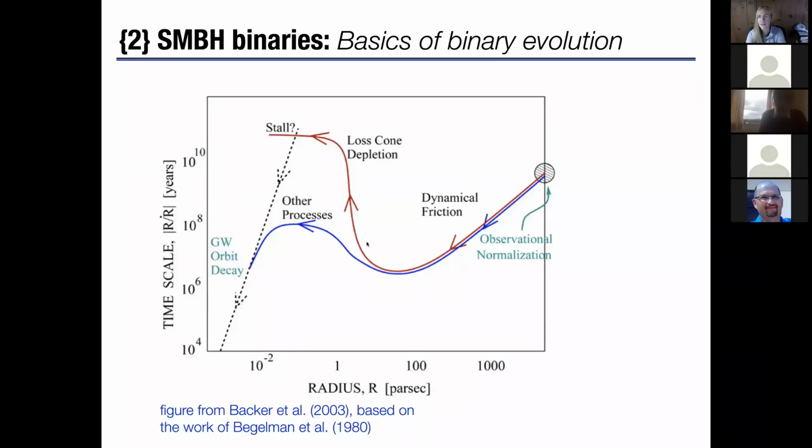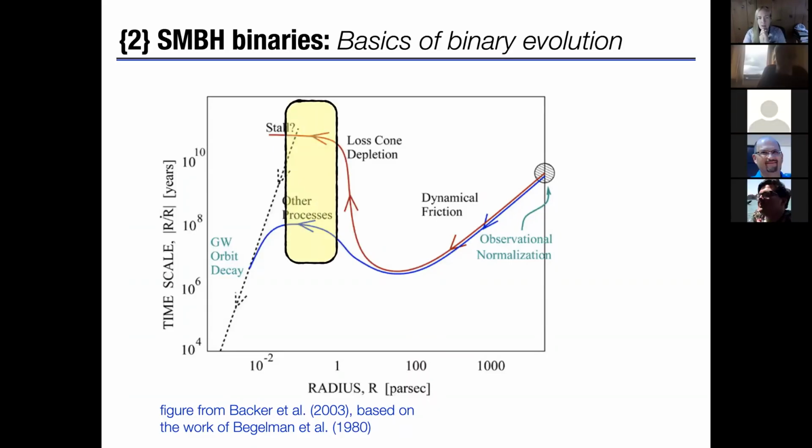But one thing that is interesting is that if you could observe binaries with these properties at these subparsec separations, it's possible that they spend more time here. So if you're looking for them, that would make them more numerous and easier to find. And if you could observe them, their distribution of properties would tell you something about the physics in this part of parameter space where we're not sure what's driving the evolution.